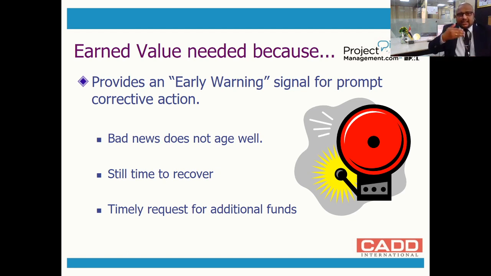It is better, as soon as we get a result that is not going to be good, to come up with proactive steps, or at least reactive steps, to overcome the situation. And of course, it also gives you the time to request extra funds in time by providing the apt condition updates. So this is what earned value does.